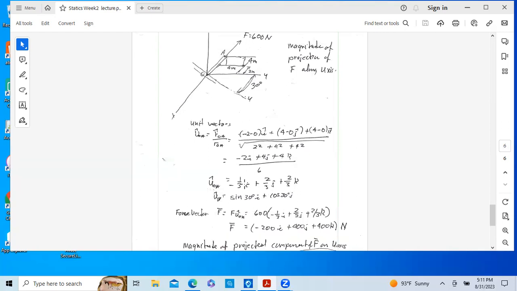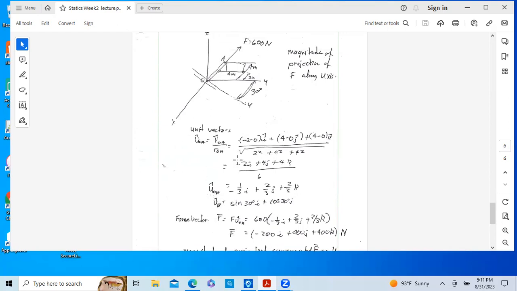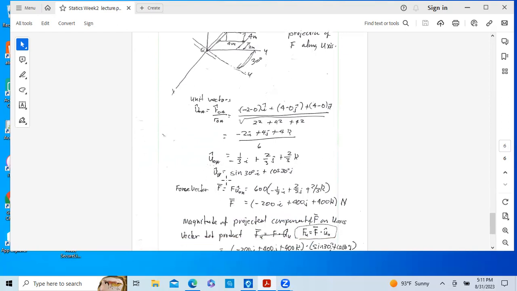So 600 newtons times the unit vector gives this 600 newton force. We can just write it as a vector quantity then, 600 times the unit vector. So this is F as a vector quantity.